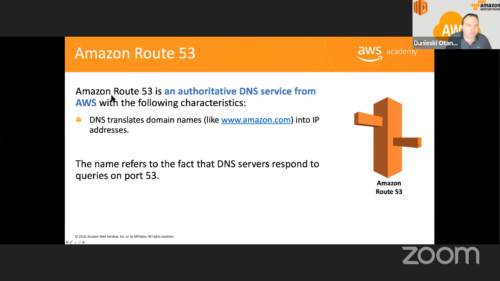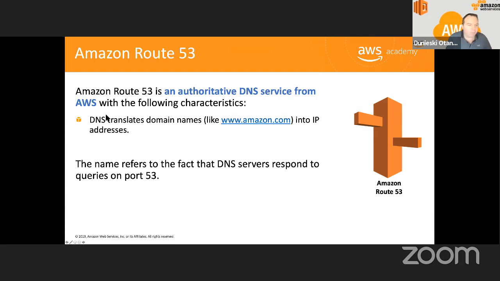So Route 53 is the service that AWS has to translate domains into IP addresses, okay? Why is it called Route 53? Simple, because the port that DNS uses is 53. So far, we've seen mostly three ports.